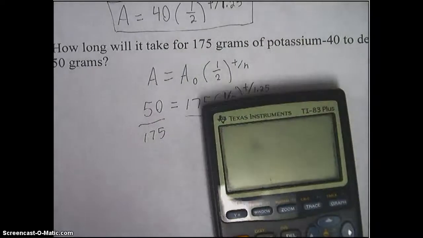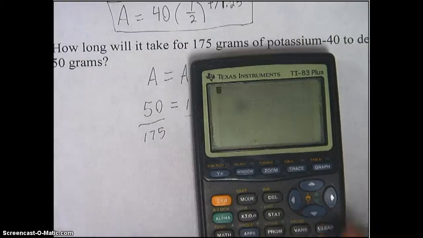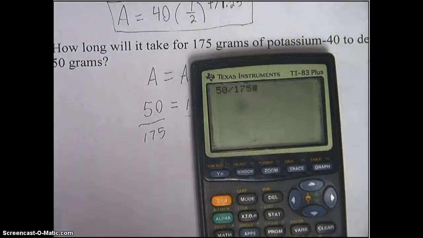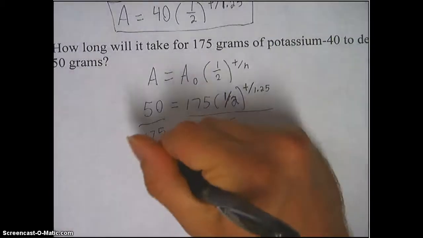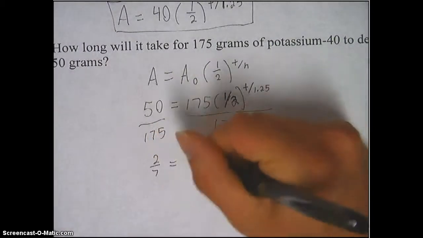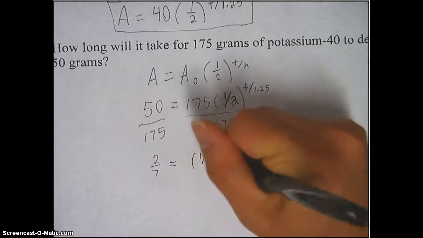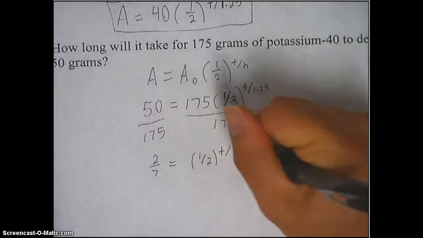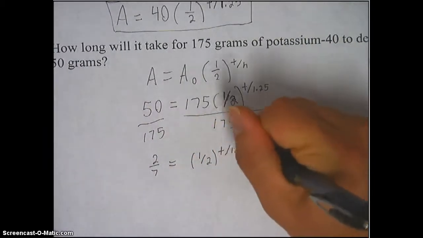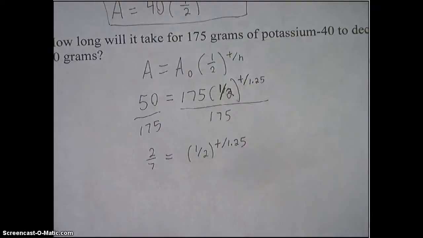And I've got a calculator to help me cheat here. 50 divided by 175 is, let's keep that as a fraction, 2/7, equals 1/2 to the t divided by 1.25 power.